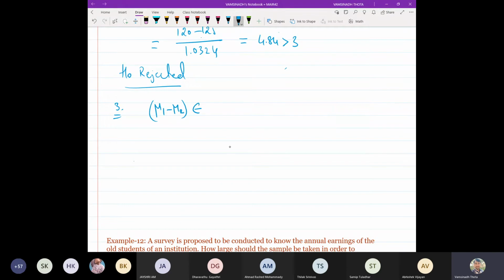For 99%, how do we evaluate this? The difference between the population means belongs to the difference between the sample means plus or minus the critical value times the standard error of the difference between the sample means.